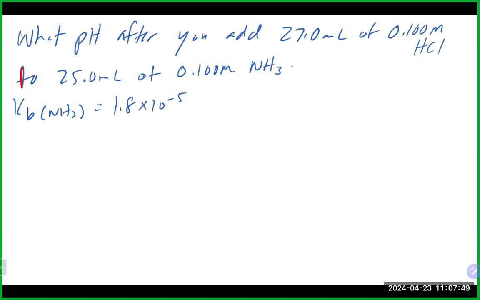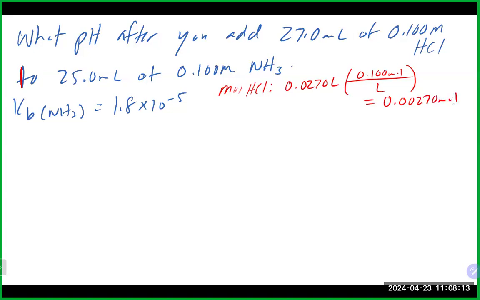So again, let's take a look at it here. Obviously we're going to need some moles since we've titrated. So we'll go with the moles of the HCl. I'm going to convert our volume into liters here, and times it by our molarity. That gives 0.0027 moles of HCl.